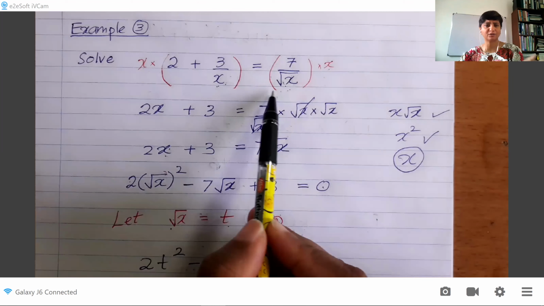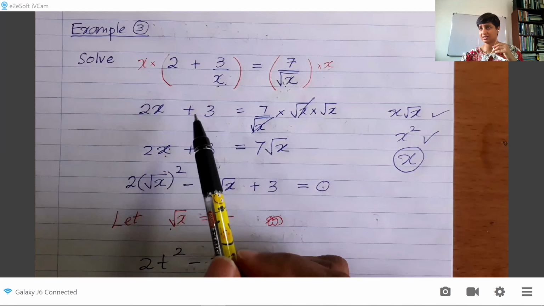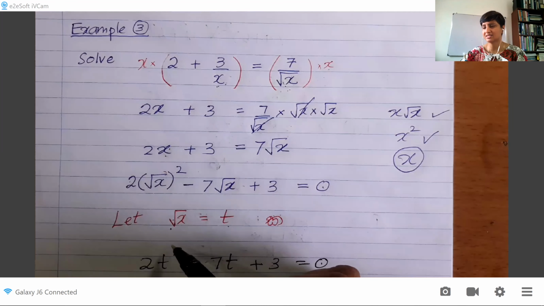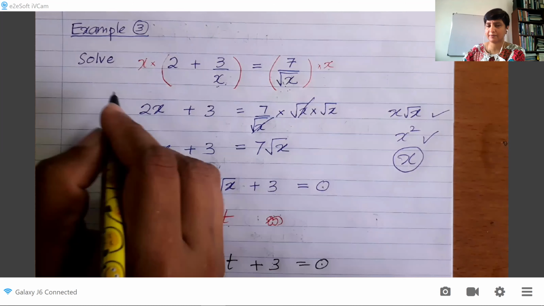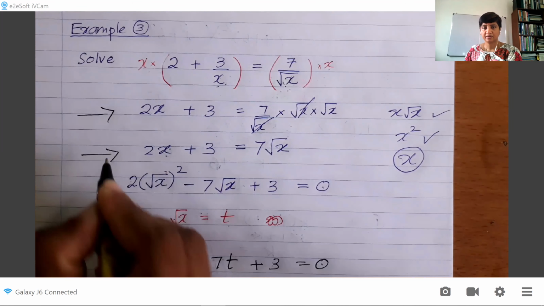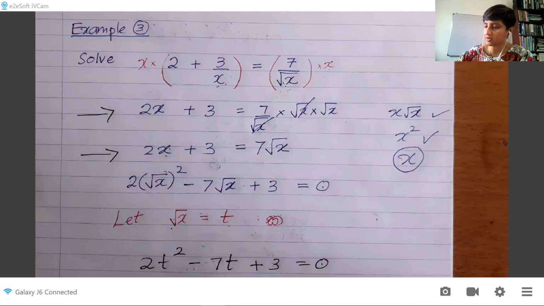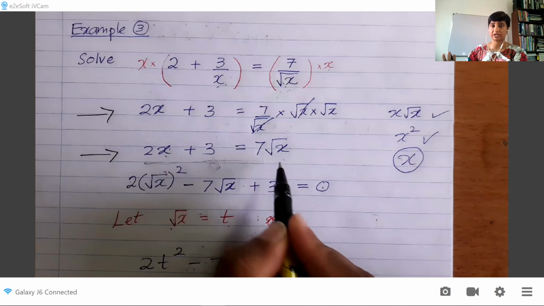That step had nothing to do with whether we are solving a quadratic or whether this is a quadratic in disguise. This step was something that we anyway do to any equation. So when we did that, we landed on this equation, right? So it has no fractions.